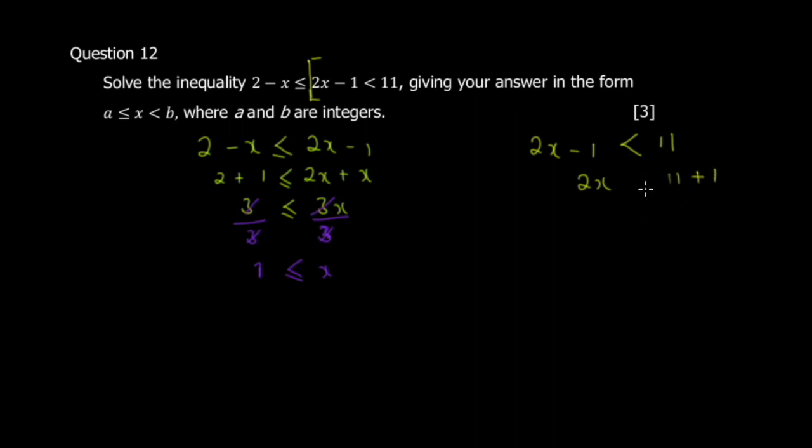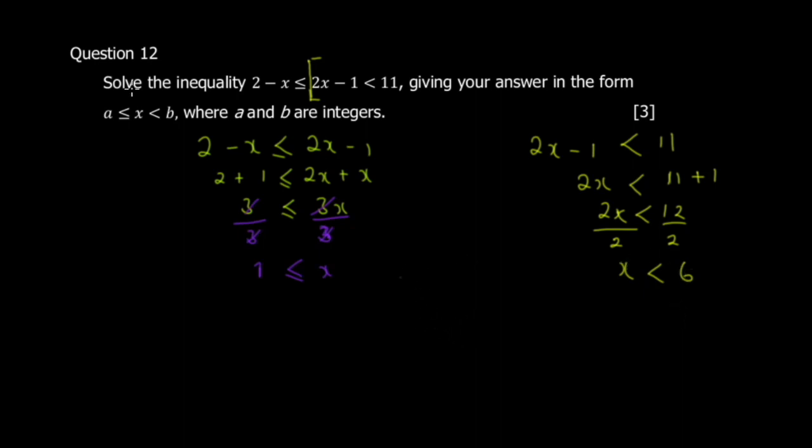So why did I do this? This inequality is strict. So this is 12, this is 2x, then you divide both sides by 2, then you get x less than 6. Now you're supposed to combine.